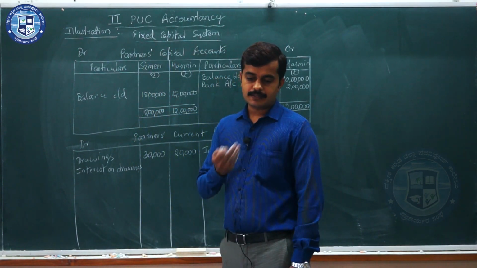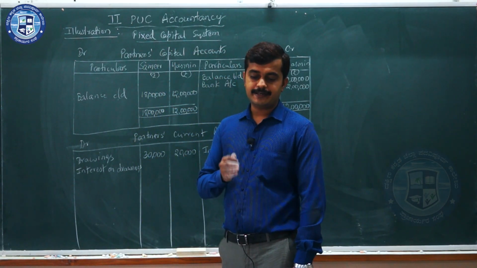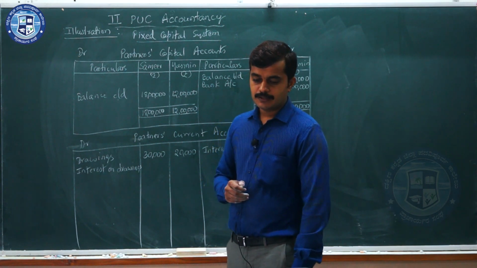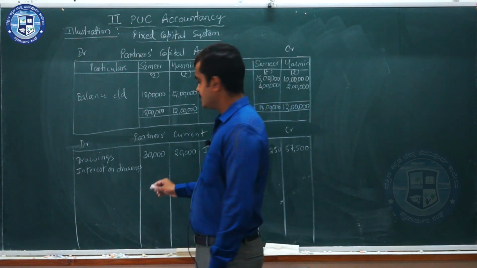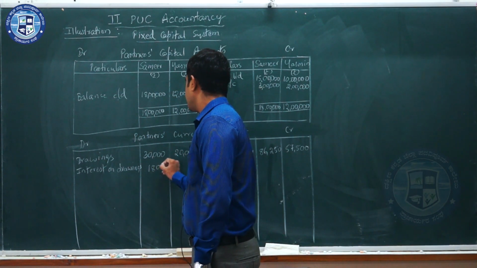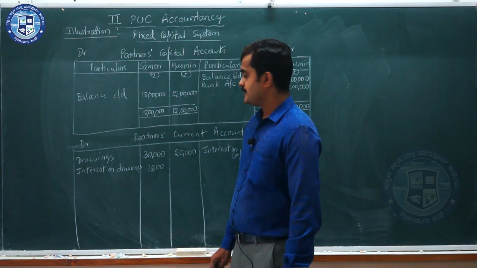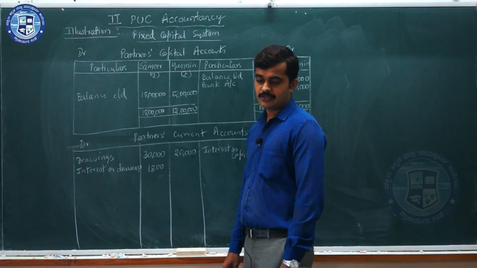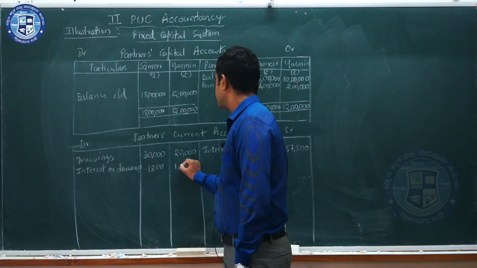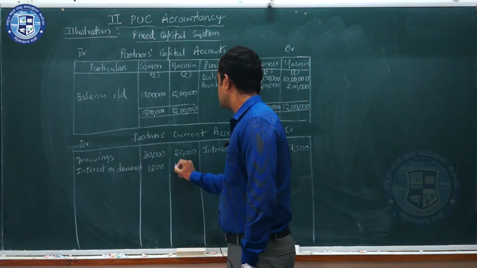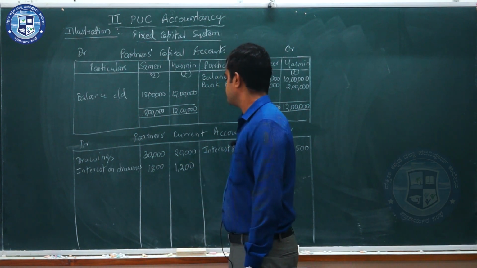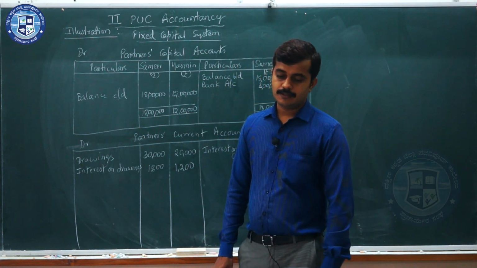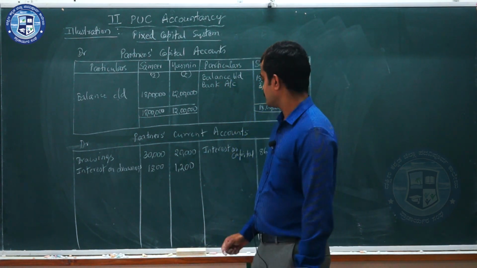In the problem, interest is already calculated and given directly. Interest on Samir's drawings is 1,800. Interest on Yasmin's drawings is rupees 1,200. Next is salary and commission.